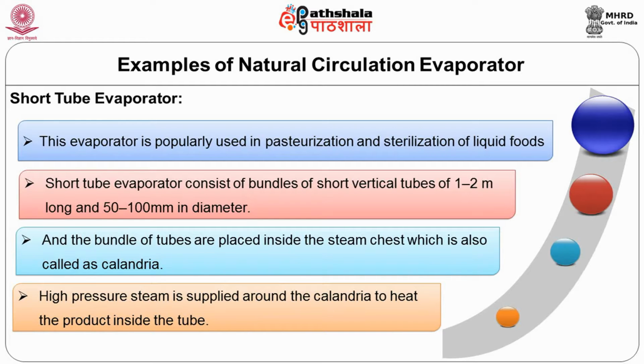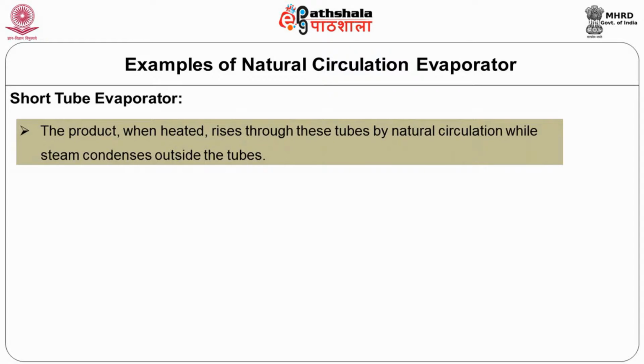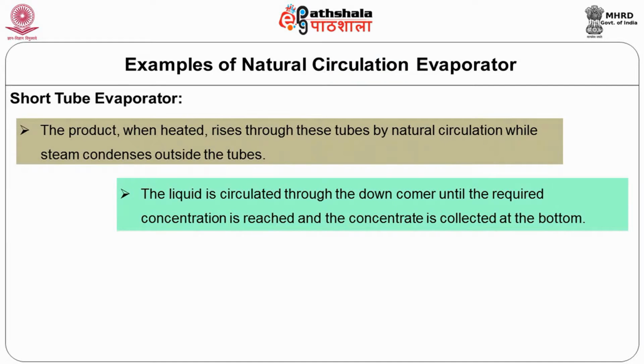Evaporation of the liquid takes place inside the tubes. The product, when heated, rises through the tubes by natural circulation while steam condenses outside the tubes. The liquid is circulated through the downcomer until the required concentration is reached and the concentrate is collected at the bottom.